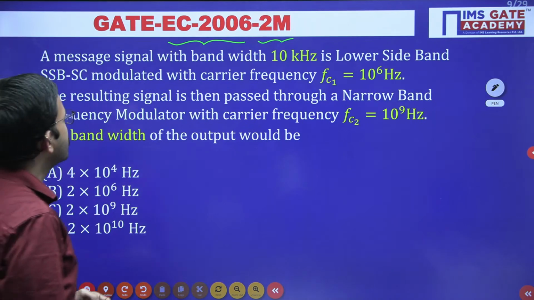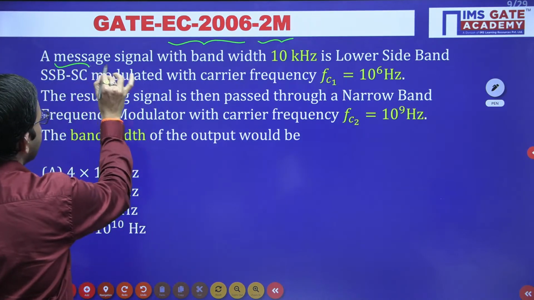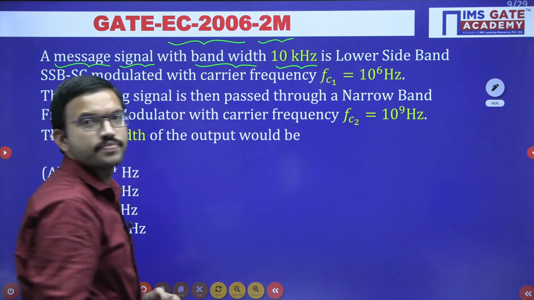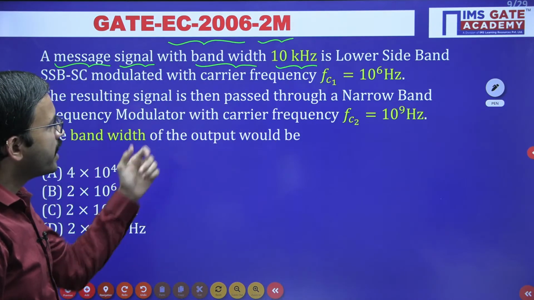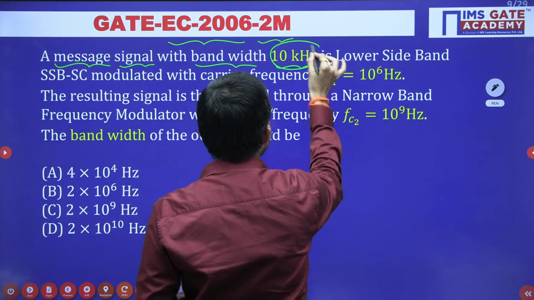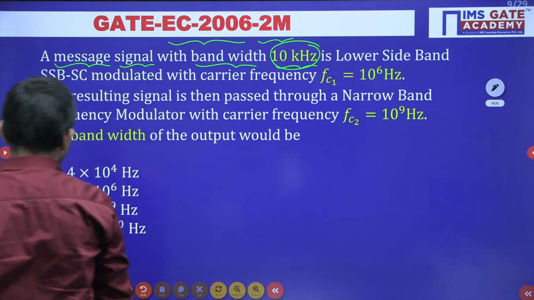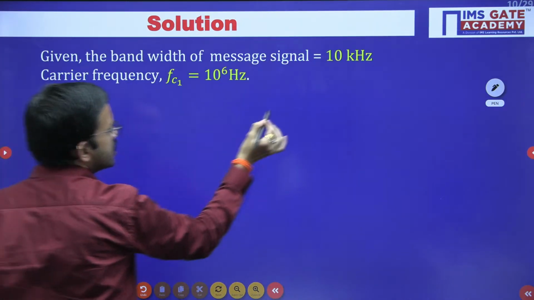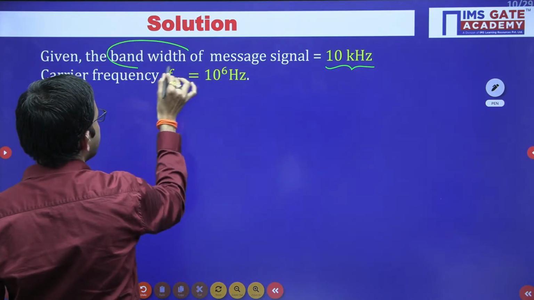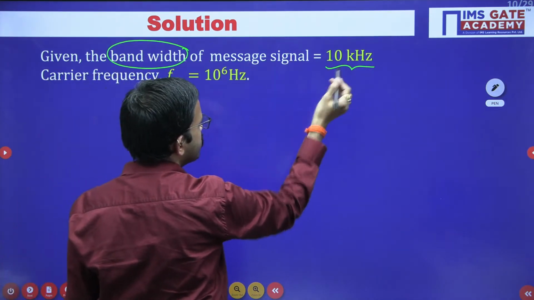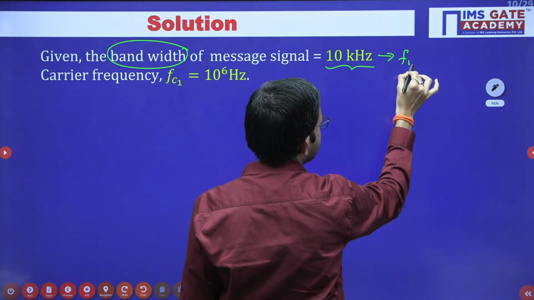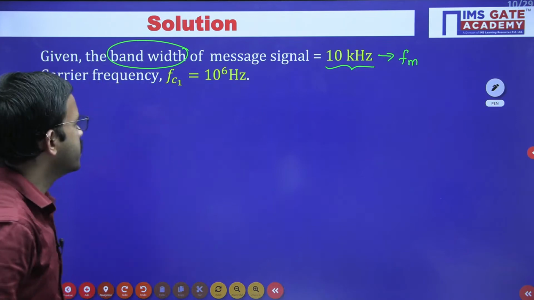In this question, you have the message signal which has a bandwidth of 10 kHz, so that means this 10 kHz is nothing but FM. The bandwidth of the message signal is nothing but the maximum frequency of that message signal; both are the same.